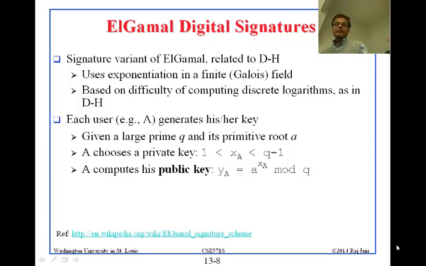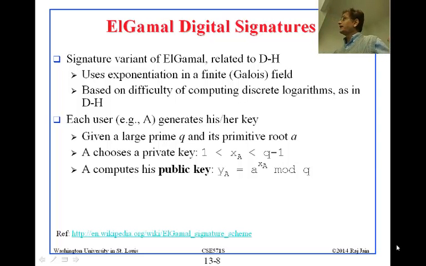So now we are going to talk about I think 3 different schemes for digital signatures. All of them basically have some function which, if you compare and the 2 are equal, then you have the signature validated.